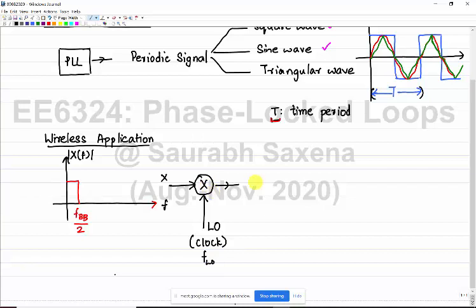When you mix these two signals, the output of your mixer has a signal centered around FLO, and your input signal gets up-converted to FLO plus FPB by 2 and FLO minus FPB by 2.